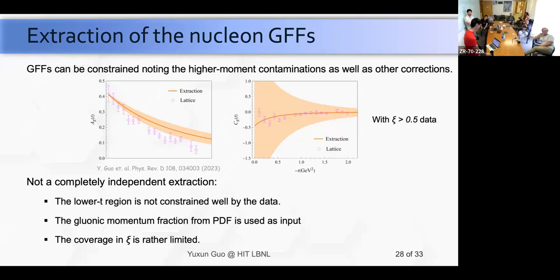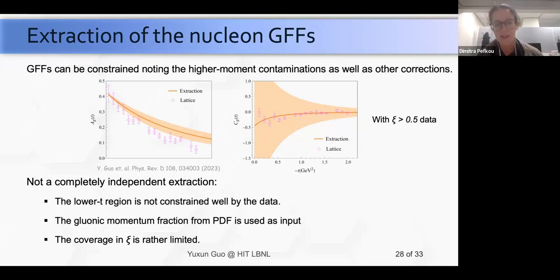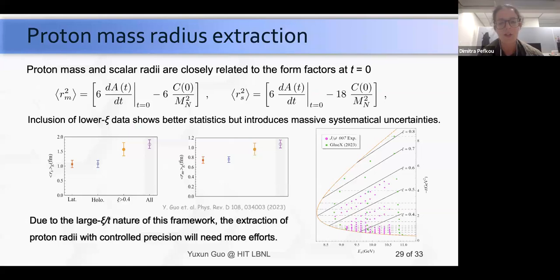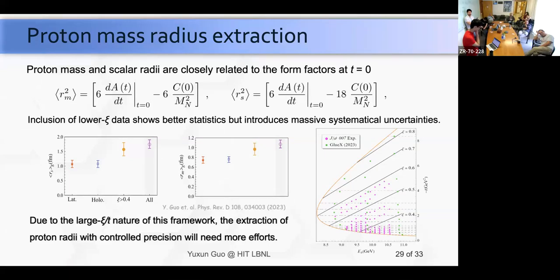Thanks. And can you go maybe to the one with the radii? I thought there were also some extra terms in those radii, maybe for the gluon contribution. Extra terms, yes.